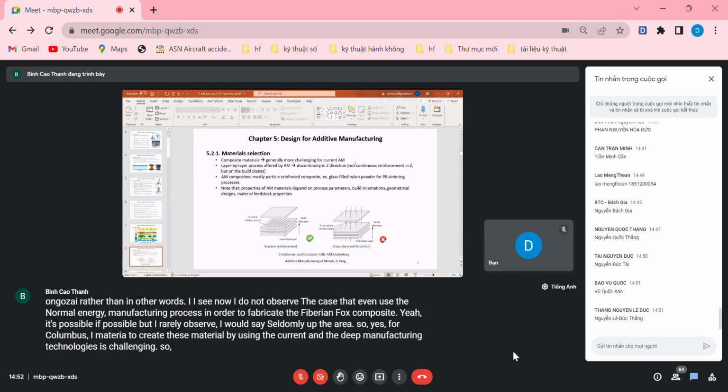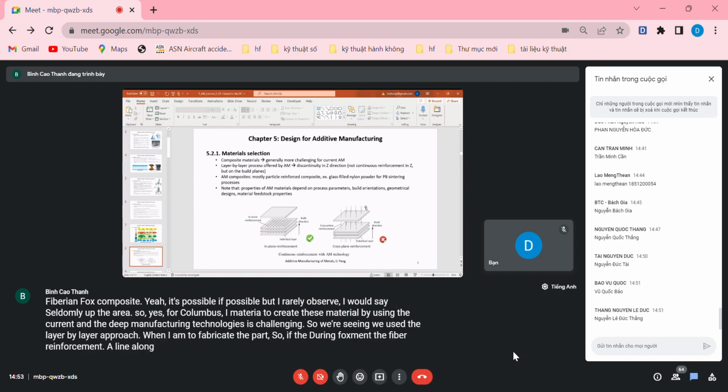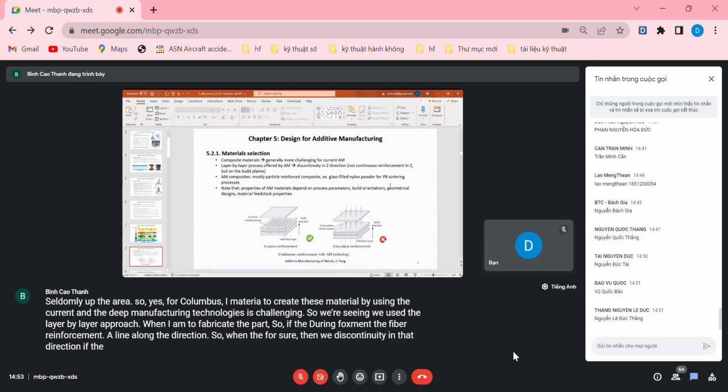Since we use the layer by layer approach in AM to fabricate the part, if the fiber reinforcement is aligned along the Z direction, there will for sure be discontinuity in the Z direction.